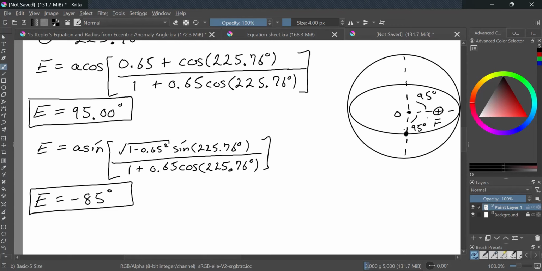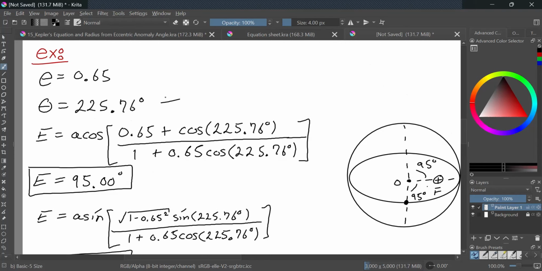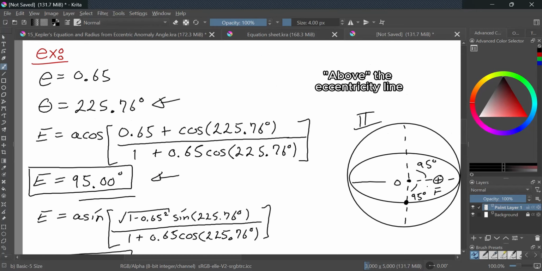The other thing this tells us is that we don't strictly need both of these equations in order for them to work, right? Because we looked at this value here and this value here, and we said something isn't quite right, because this only had us believing that our satellite appeared over here in quadrant 2, but we knew better: our satellite was, at least in reference to the host body, in quadrant 3.